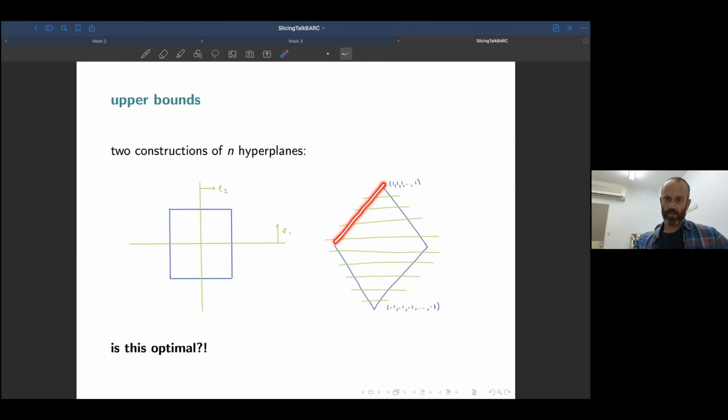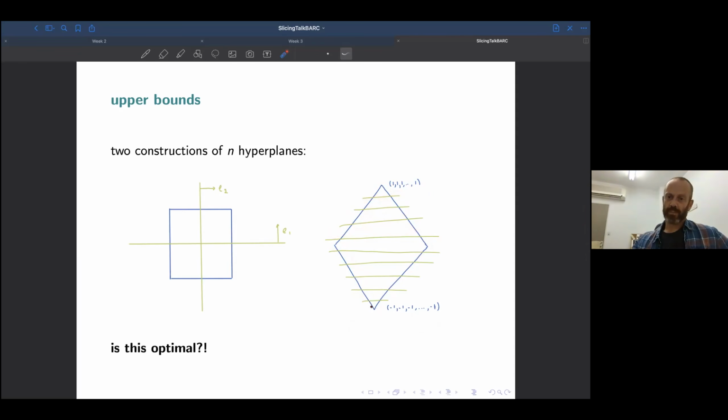This is a picture of the hypercube arranged in the direction 1, 1, 1, 1, 1. And the hyperplanes are n parallel hyperplanes that separate some layer k and layer k plus 1.